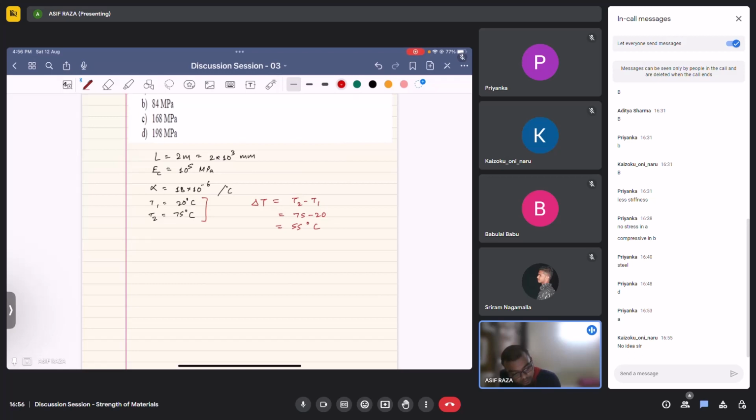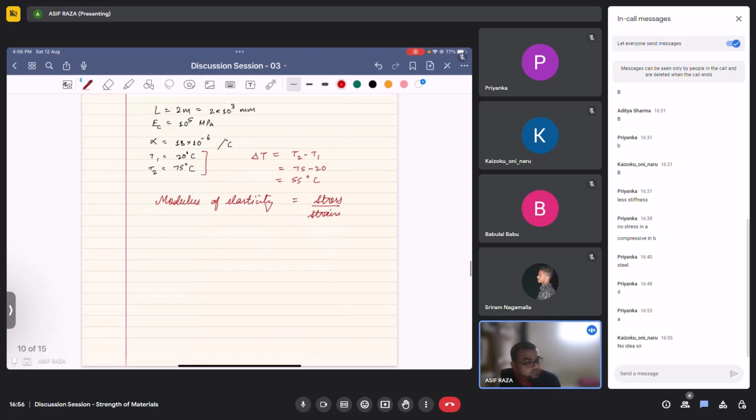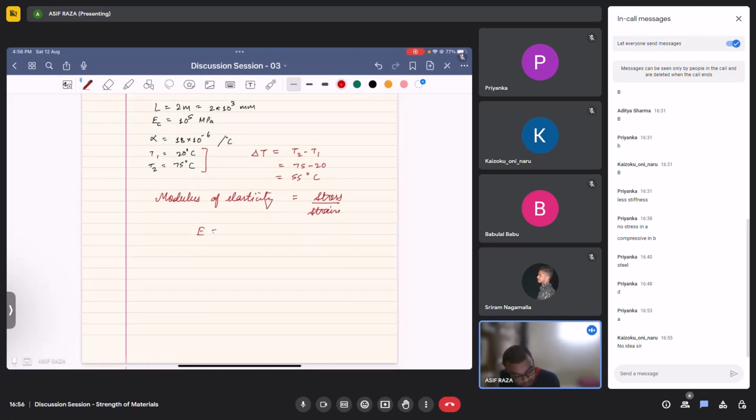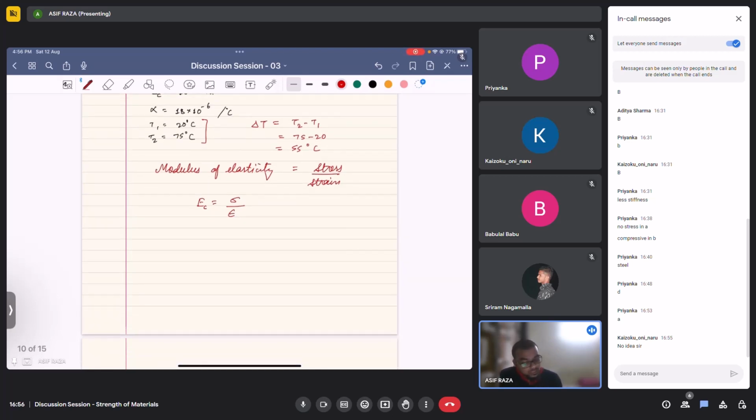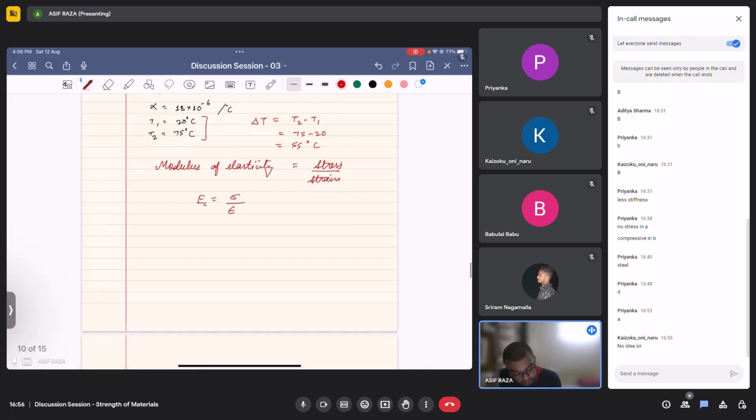You know that modulus of elasticity is equal to stress upon strain. In short notation, E is sigma upon epsilon, where sigma represents stress and strain is represented by epsilon. We need to find the stress, so sigma is equal to E times epsilon.